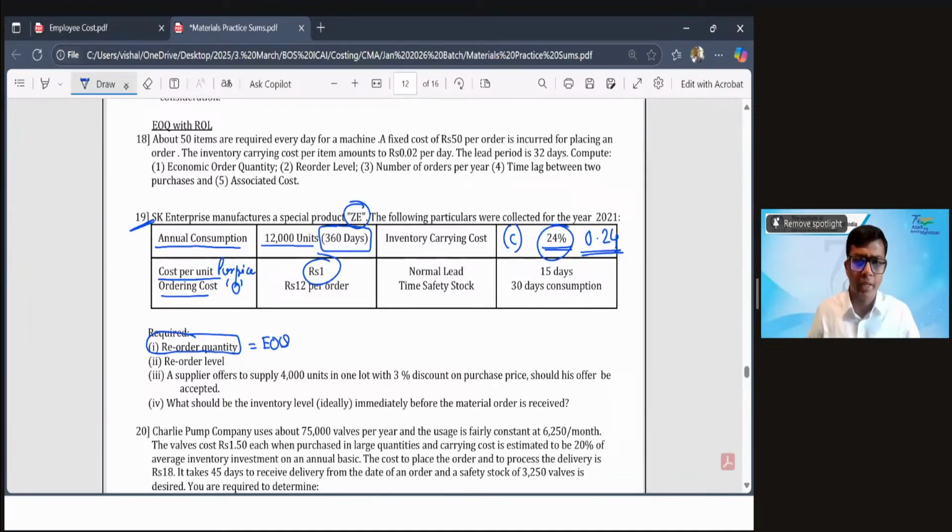That you can do on the calculator. My interest is in explaining the new concept, that is calculating your reorder level. So firstly, students, understand what is reorder level. Reorder level is the quantity which, when your stock reaches it, you know to place the next order. As we discussed in the previous class also, your stock is continuously being consumed, so the graph of stock is coming down.